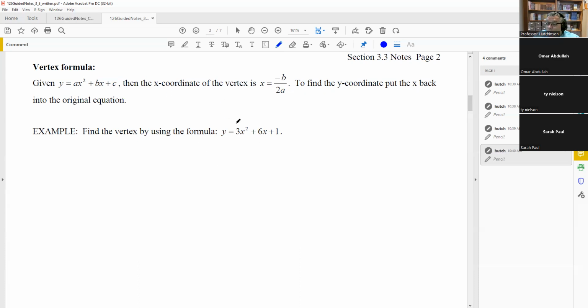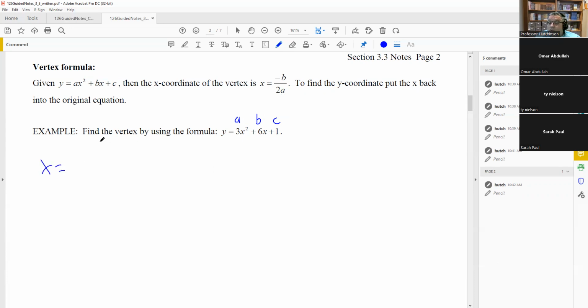So let's do an example with that. We have 3x squared plus 6x plus 1. So for this, a is 3, b is 6, and c is 1, although we don't use c here. We're only using a and b because of the formula.